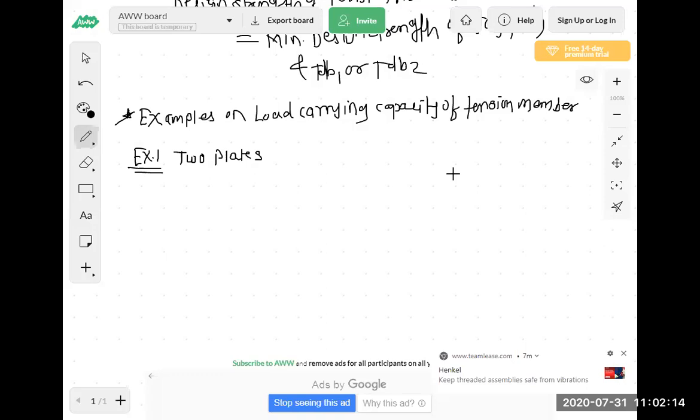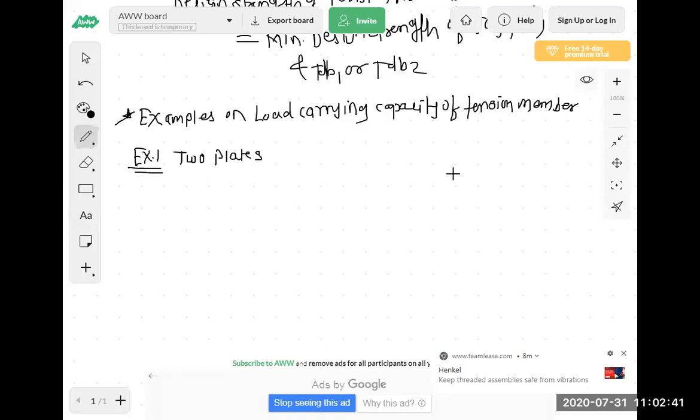Mahesh, the load and strength are not different words. Load is in kilonewton and strength is also in kilonewton. You have asked me, sir, we are calculating load carrying capacity, meaning we are calculating strength, in kilonewton. How much load can that member carry?